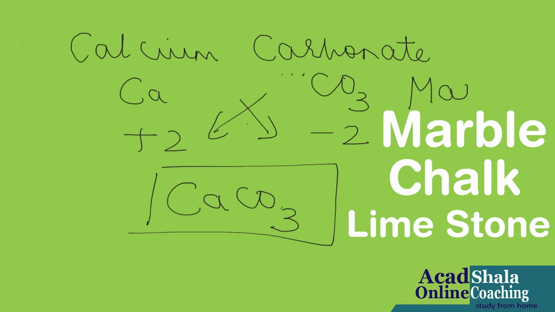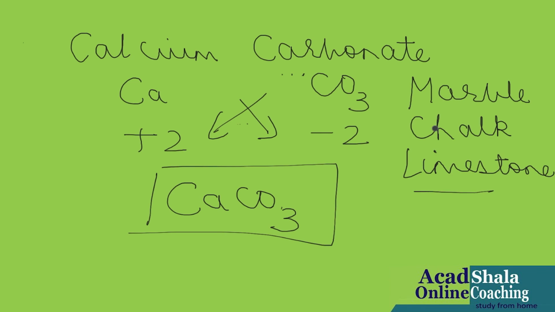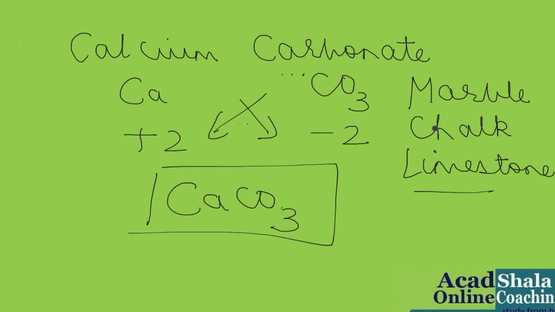If I talk about chalk, which your teacher uses in the classroom, it is calcium carbonate. Limestone, calcium carbonate. So if I say all these three names, I mean to say calcium carbonate. You should know about all these things, very, very important, children.